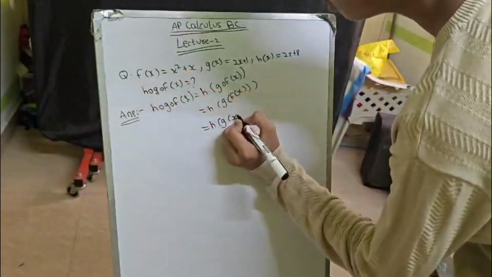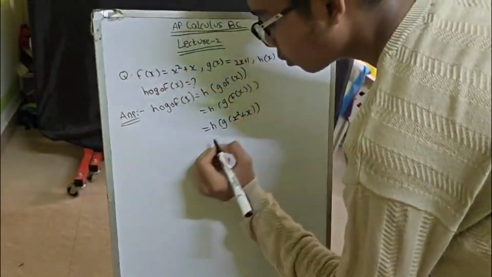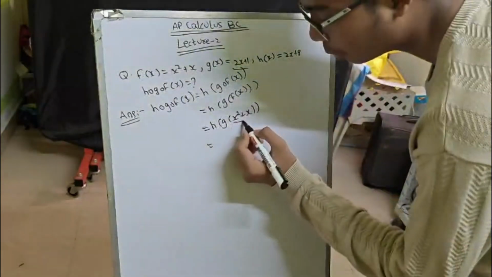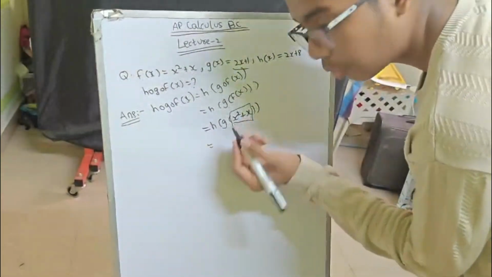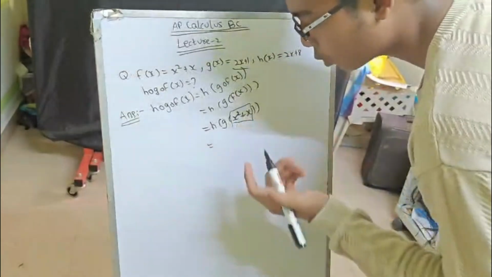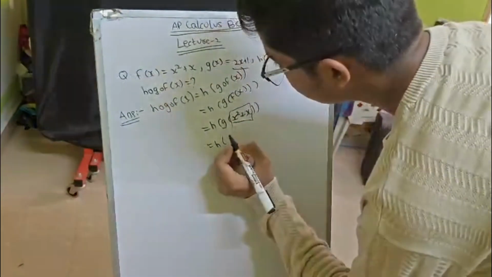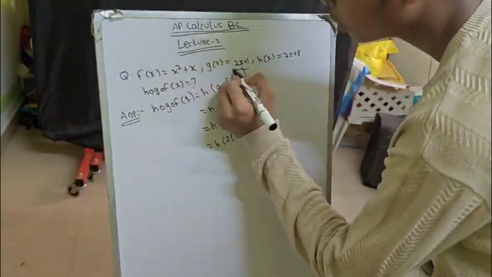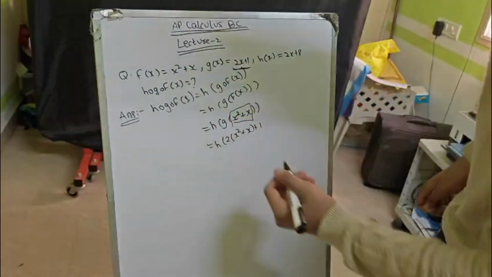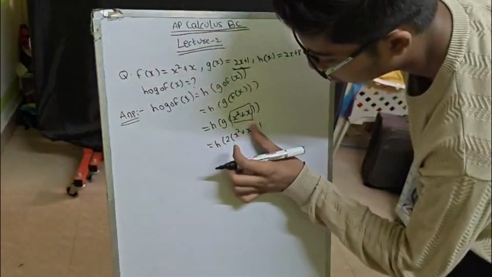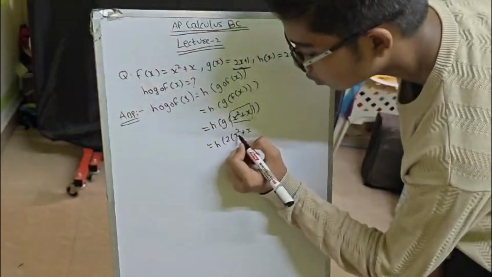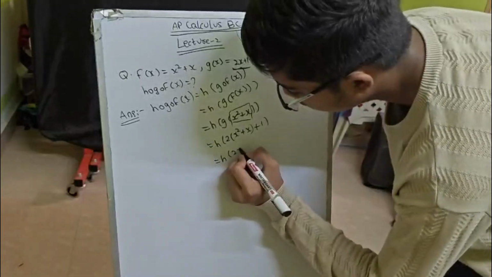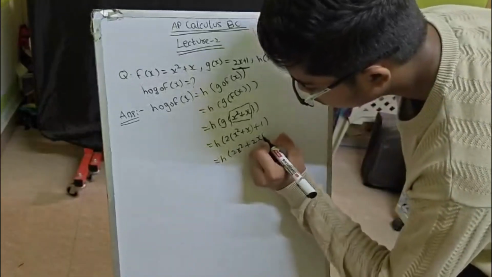You just substitute it in here. x squared plus x. Here g is 2x plus 1, right? Instead of x, you're going to substitute x squared plus x. Now the new x is equal to x squared plus x. So it equals h of 2 into x squared plus x, plus 1, because it's 2x plus 1, right? So that's equal to h of 2x squared plus 2x plus 1.